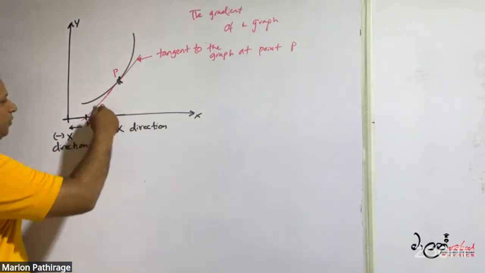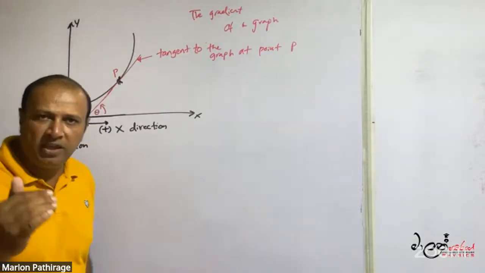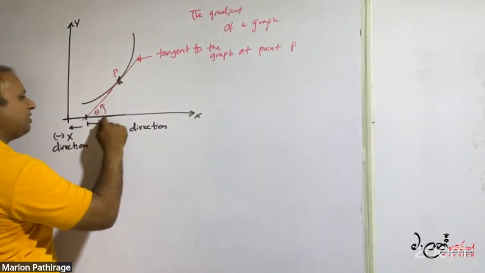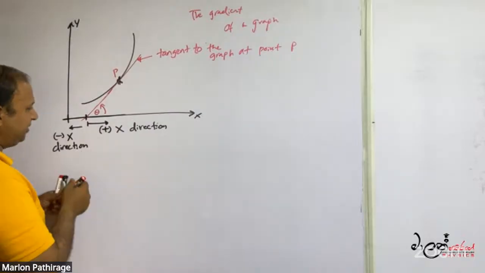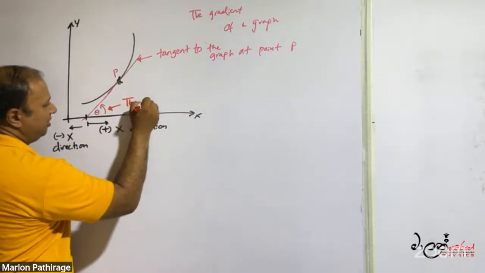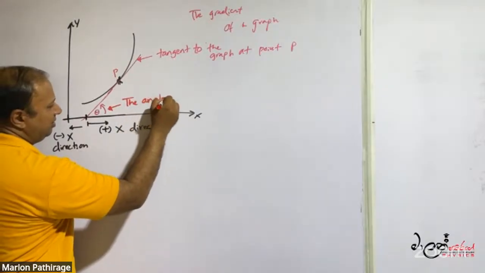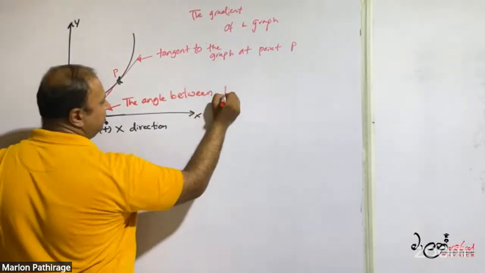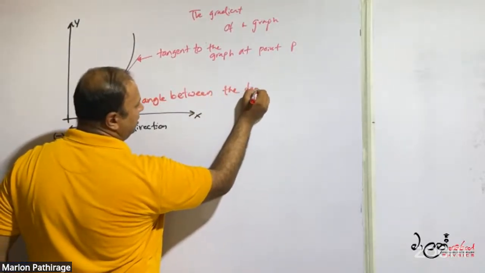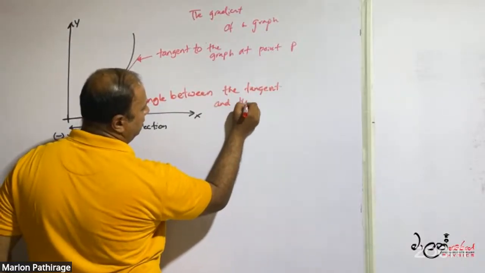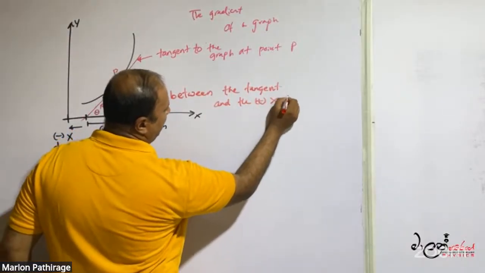Then you have to take the angle between the tangent and the positive x direction. This is the angle between the tangent and the positive x direction.